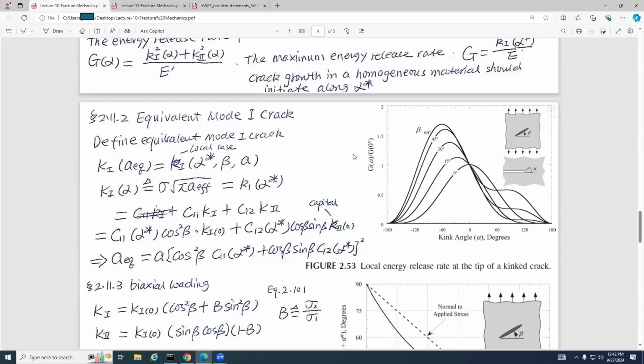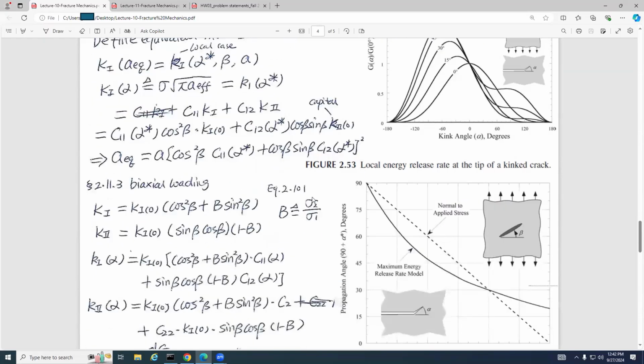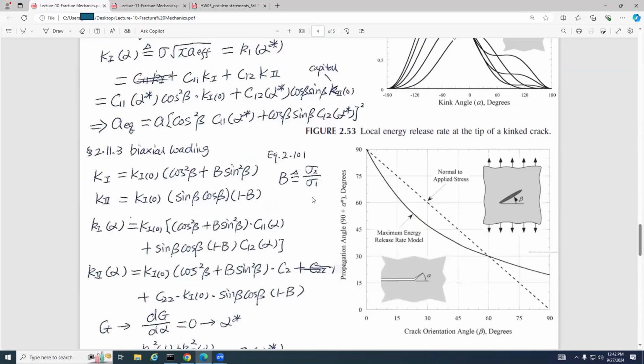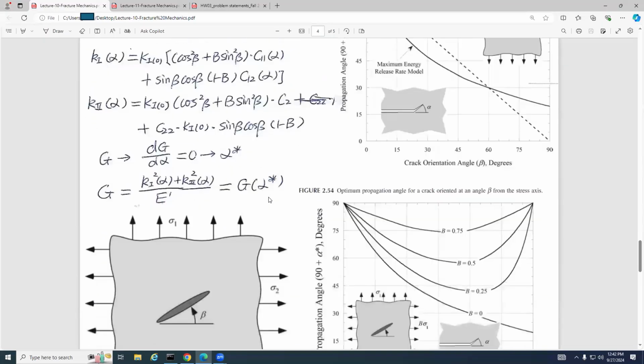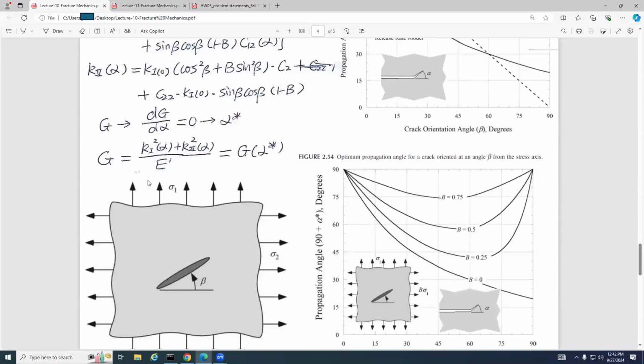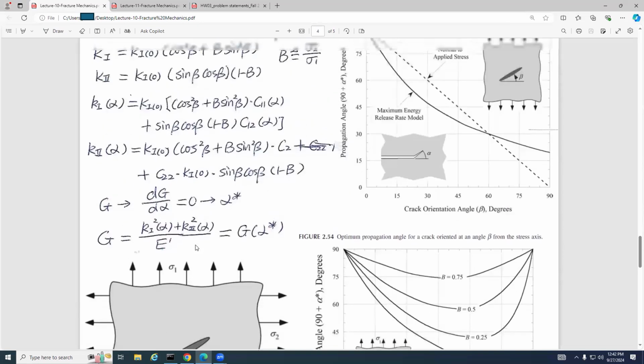Now the local case for alpha: biaxial loading. This is biaxial loading, guys, so we have sigma 1 and sigma 2. In our homework problem, we have that one, right? So just use the superposition.